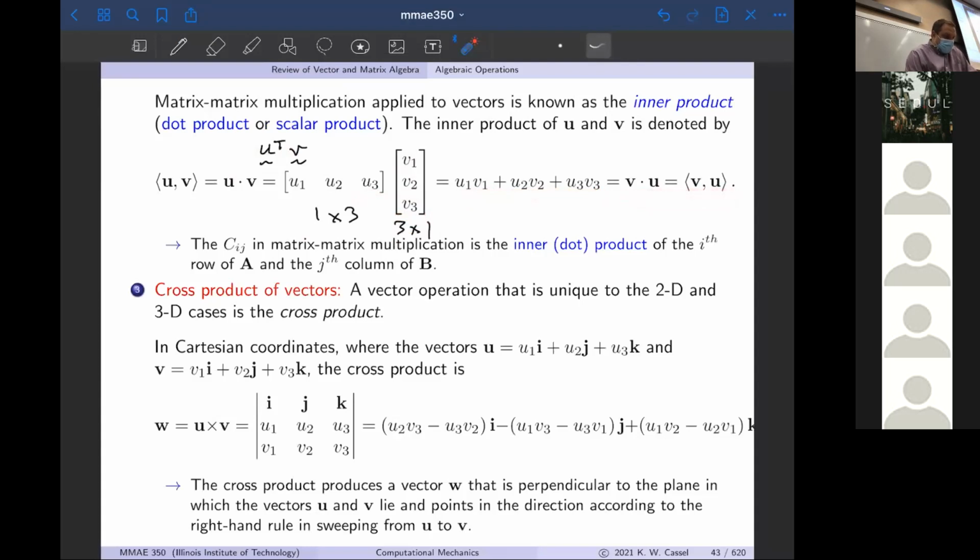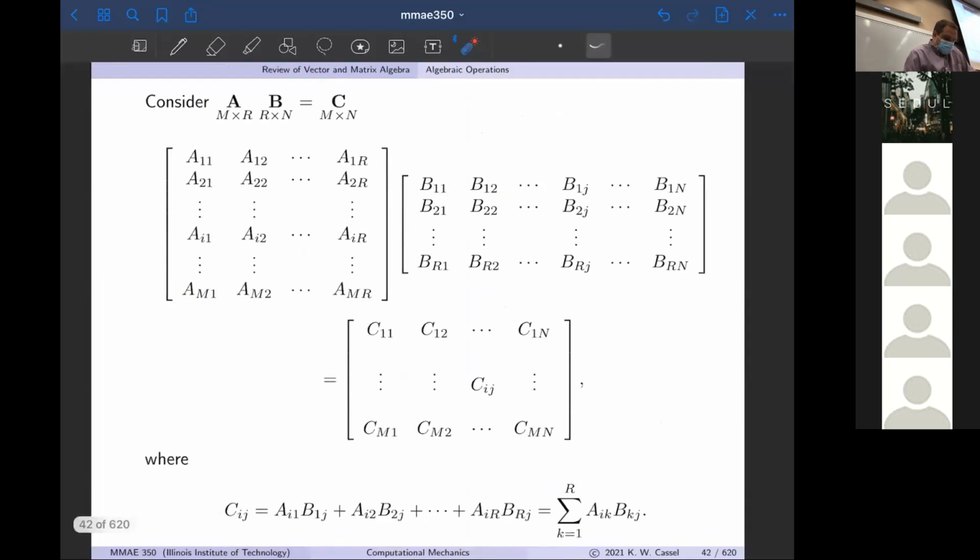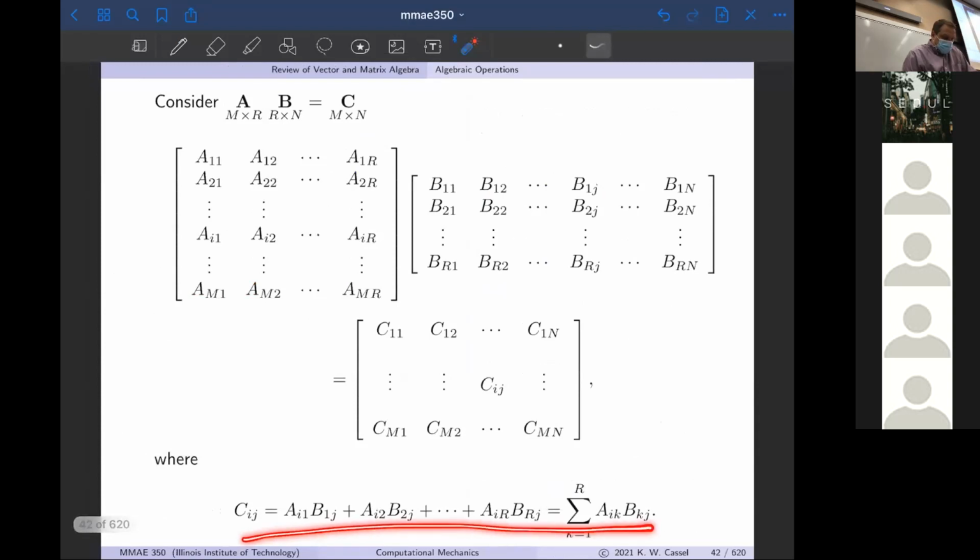So using dot product or inner product operations, we can revisit the matrix multiplication. So what this equation is saying is to get the Cij element in the product, you take the ith row and the jth column and you take their inner product.